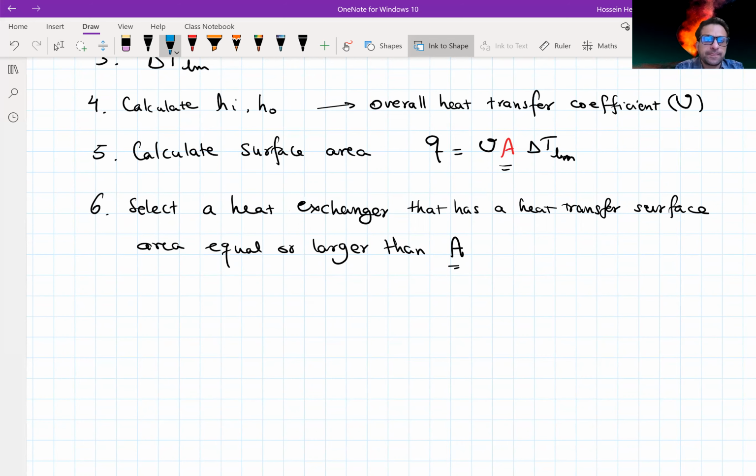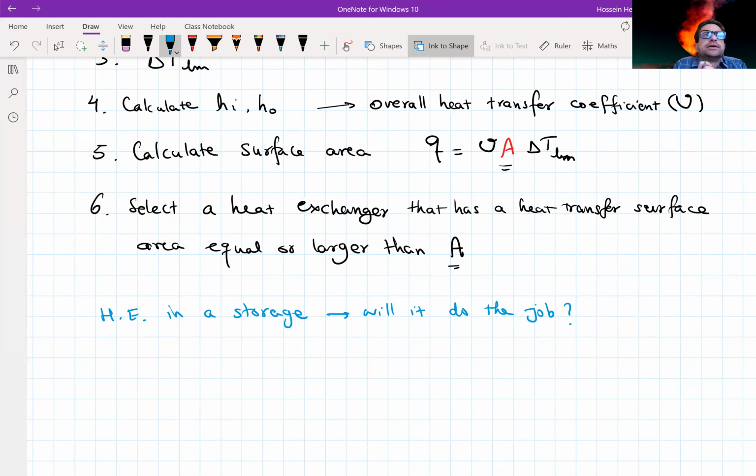So let's say we have a heat exchanger in storage and we want to know whether it will do the job that we are looking for.